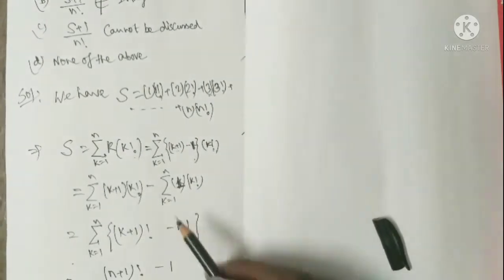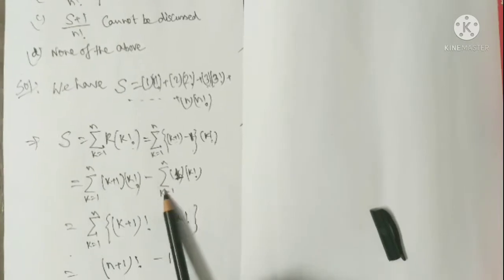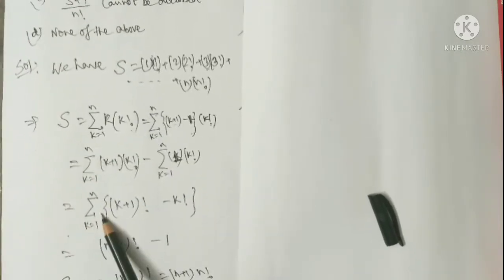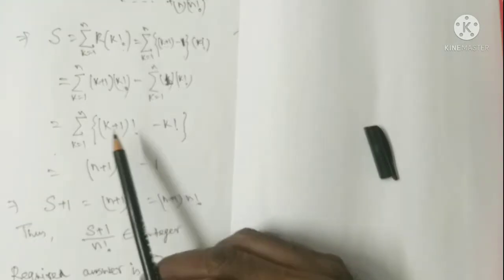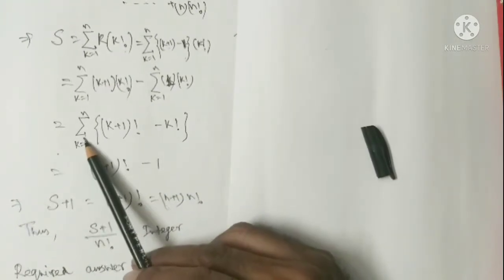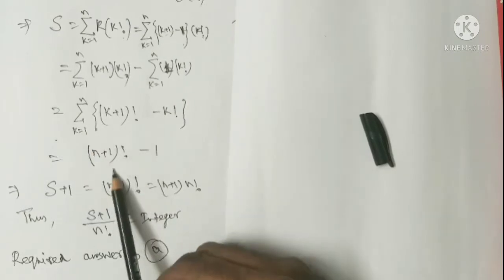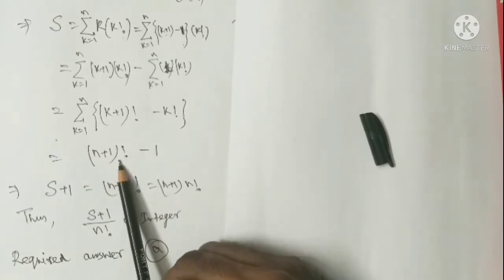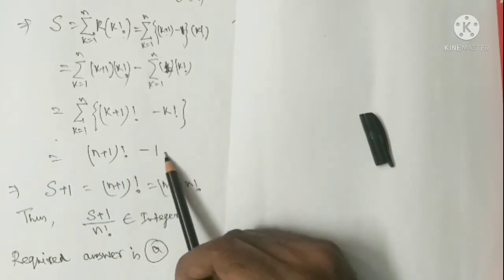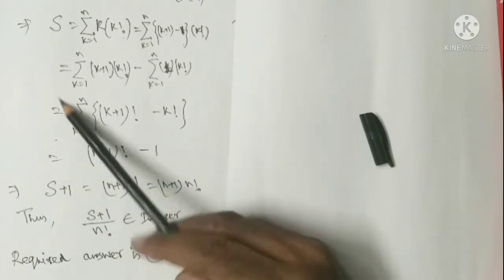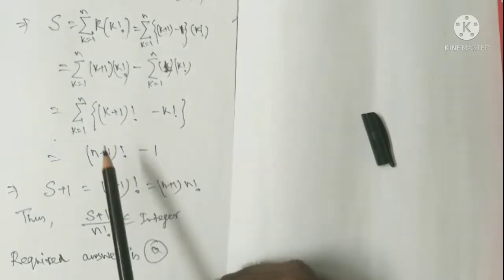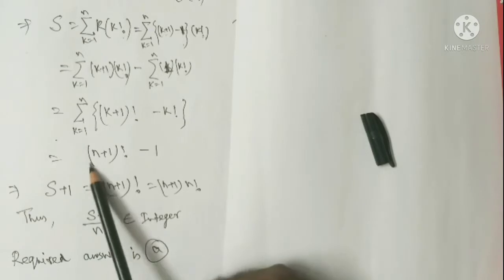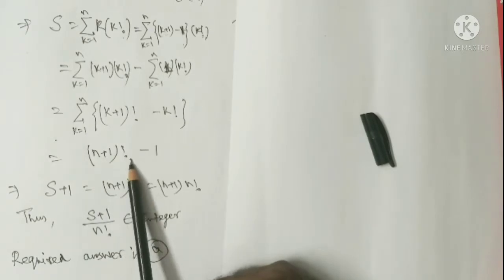Now this becomes (k plus 1) into k factorial minus 1 into k factorial, and it becomes (k plus 1) factorial minus k factorial. Under the summation, (k plus 1) factorial means (n plus 1) factorial, and k factorial means 1. On the left side we considered S equals this result, then S plus 1 on the left, and on the right side (n plus 1) factorial.